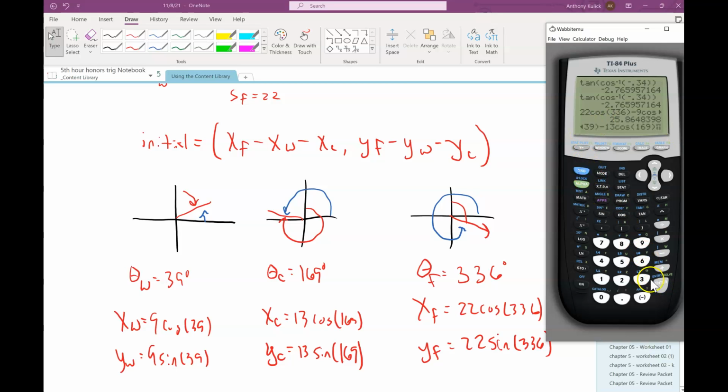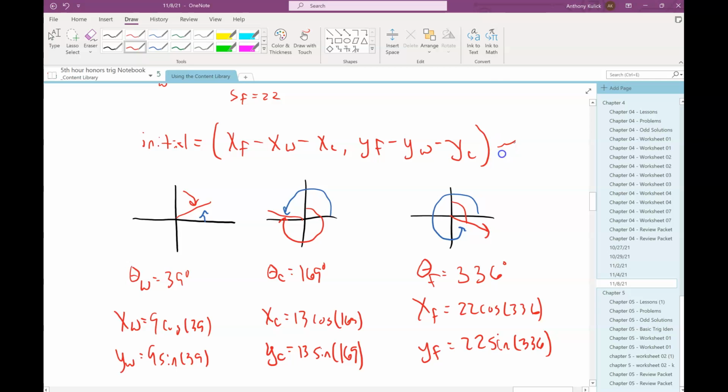And then do the same thing for my sines. Okay. So 25.86 and negative 17.09.